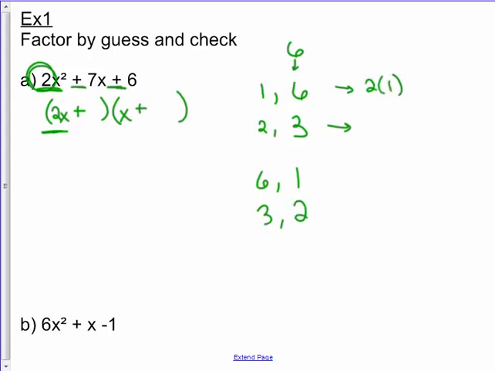So if I took the 2 from the 2x times 1 and 6, or 2 times 2 and then the 3. Again, I'm getting that 2 from the beginning part here. So it could be 2 times 6 and 1, or 2 times 3 and 1.